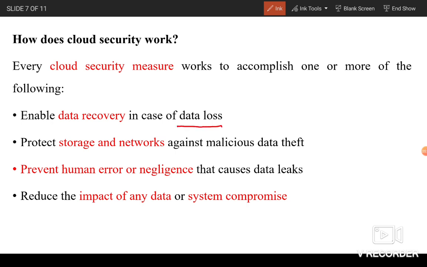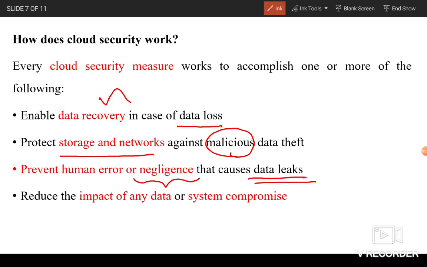If any data loss occurs, we must be able to recover the data. We must protect the storage and network against malicious data theft. We have to prevent human errors or human negligence which may lead to a data leak. And we have to reduce the impact of system compromise or the impact of any data loss.